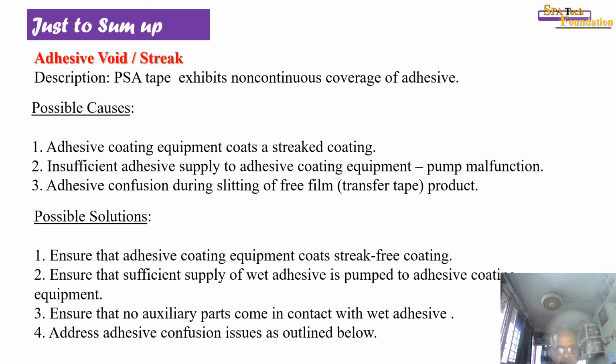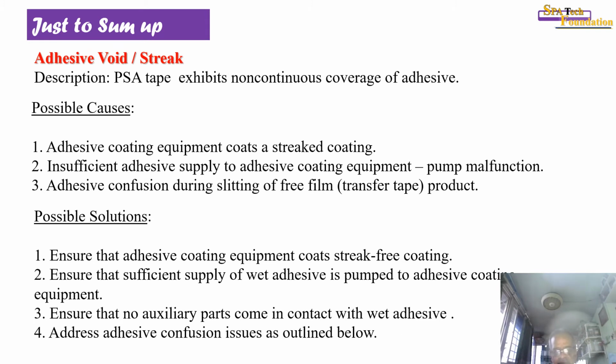Possible solutions: ensure that adhesive coating equipment coats a streak-free coating. Ensure that sufficient supply of wet adhesive is pumped to adhesive coating equipment. Ensure that no ancillary parts come in contact with wet adhesive. Address adhesive confusion issues as outlined below.